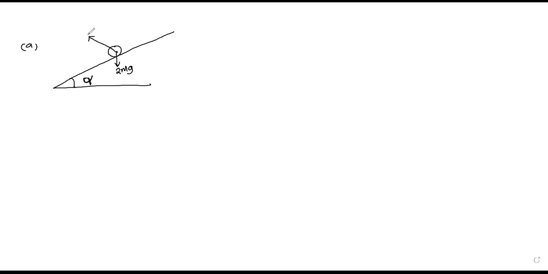This body has several forces acting on it. So we shall have the normal reaction and the components of the weight, which are 2mg cos alpha and 2mg sine alpha.